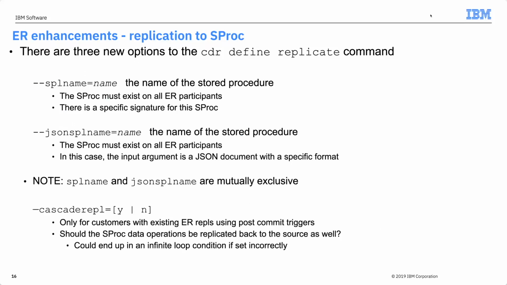We also have a cascade reply parameter, which can allow any data that you change on the target to replicate back to the source. Now, with a stored procedure, you need to be very careful with this, so that you don't end up in an infinite loop type of condition. So pay very close attention to this and set it with care.